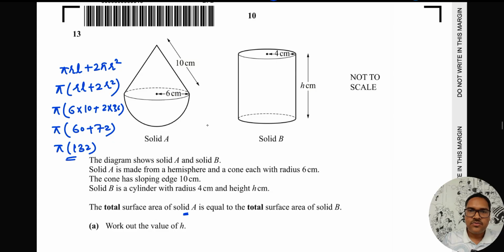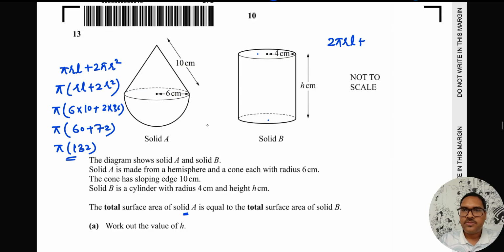Now what is the total surface area of solid B? For the total surface area of B, you can see the curved surface area is 2 pi r l. That is the curved surface area, like this. And what is the area of the circles on the top and bottom?